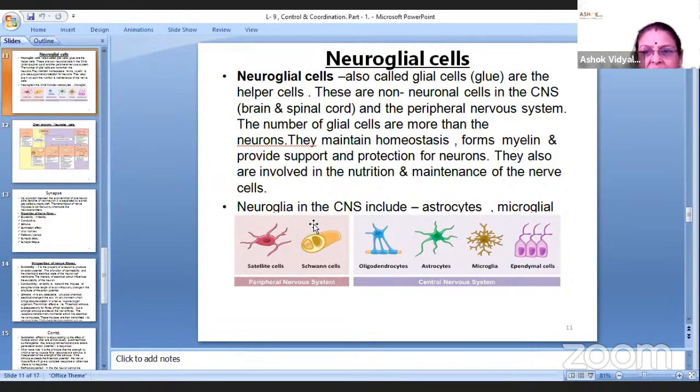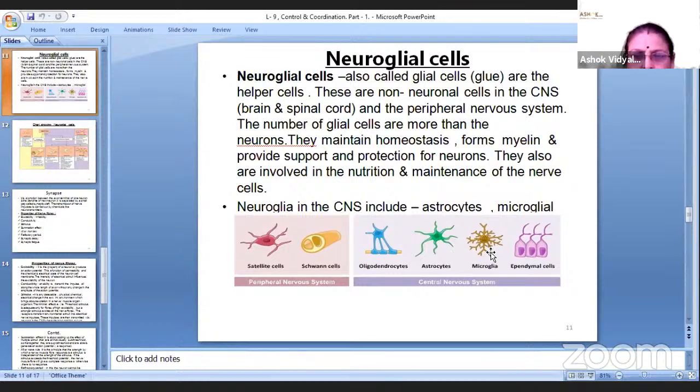Neuroglia in the CNS, the central nervous system, include these cells: astrocytes, microglia, ependymal cells, and oligodendrocytes. These four different types of cells are present in the CNS.